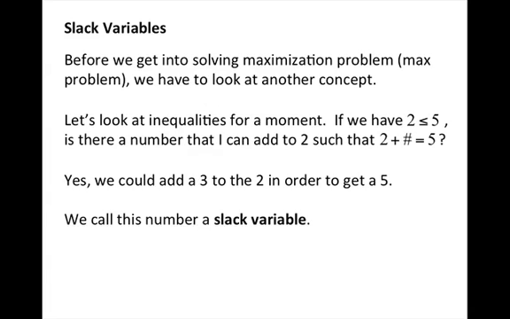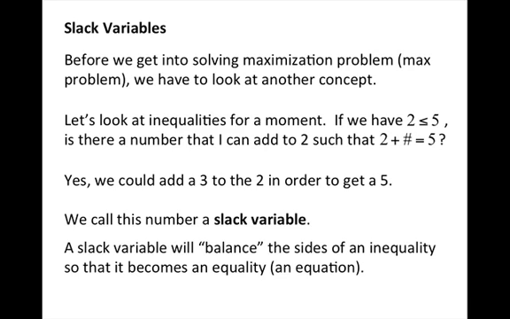Well, we call this number that we add to an inequality to change it to an equation a slack variable. So a slack variable will balance the sides of an inequality so that it becomes an equality or an equation. So the slack variable is basically the number we add to one side of an inequality to make that inequality become an equation.